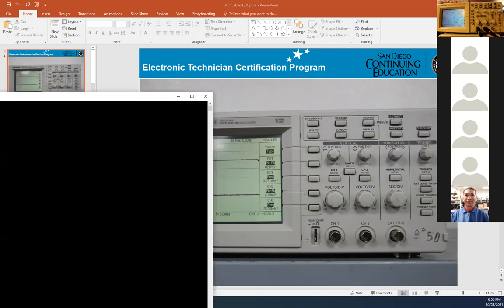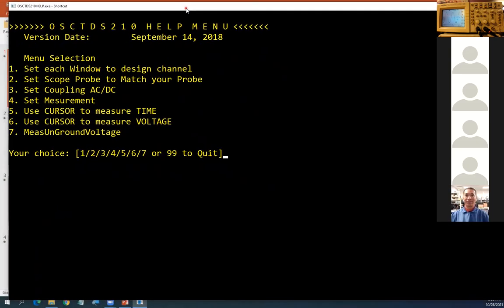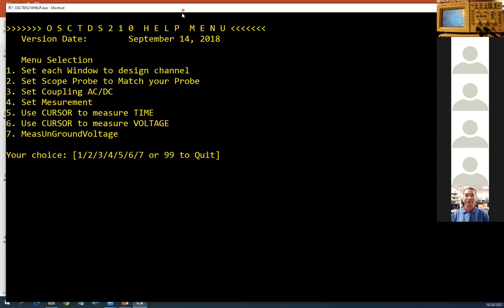Okay, now I want to show you that program. I wrote it, and it will be installed on the lab computers and put on the desktop. That's what we call OSC help. So when you want to set a window to a designated channel, you can press number 1.